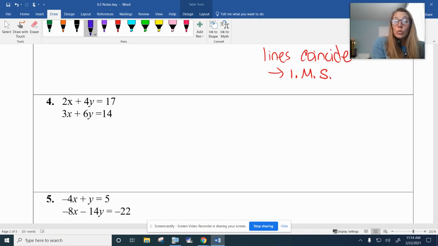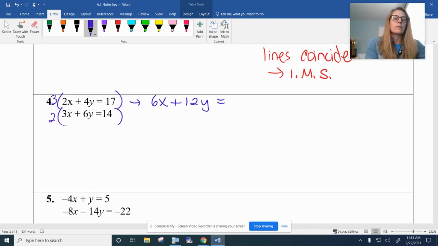And if I'm not sure, I could try to multiply by something to get them the same. I know that 2 and 3 both go into 6. So if I multiply this row by 3 and this row by 2, let's say, I get 6x plus 12y equals, and then 17 times 3, I believe, is 51.